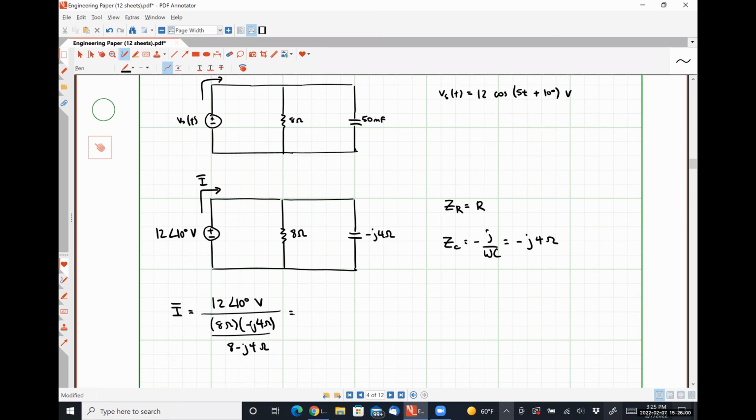For your calculator, you would have to use i instead of j, because I don't think your calculator has a j button. The point here is, let me write down this answer, 3.354 angle 73.435 degrees amps.